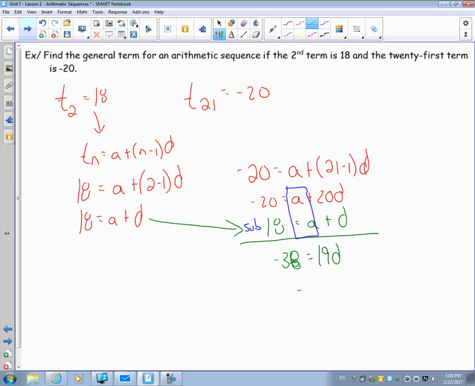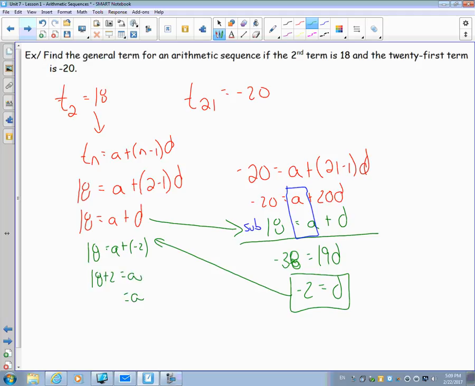Or in other words, d is negative 2. Now if I know d is negative 2, I can go back to this equation over here and say, well, 18 equals a plus negative 2. Or in other words, 18 plus 2 equals a, is 20. Hey, if I got a and d, I got an equation. I can make that equation really quick.